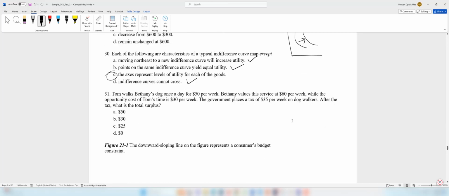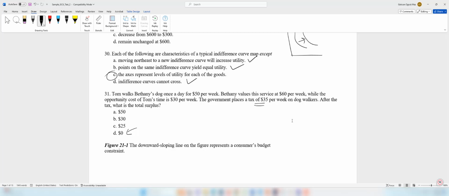Tom walks Bethany's dog once a day for $50 per week. Bethany values this service at $60, while the opportunity cost of Tom's time is $30. The government places a tax of $35 per week on dog walkers. After that tax, what is the total surplus? Total surplus is actually 0 because they are not going to get into that transaction.